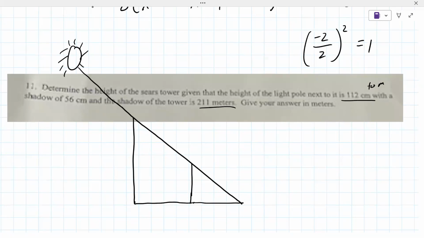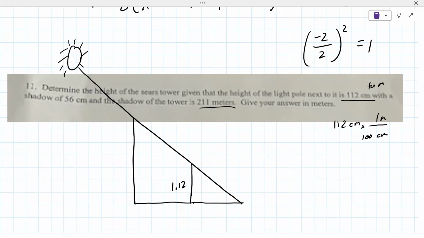To convert centimeters to meters, there are 100 centimeters in 1 meter. So this is 1.12 meters, the height of the light pole, which is really short, by the way.